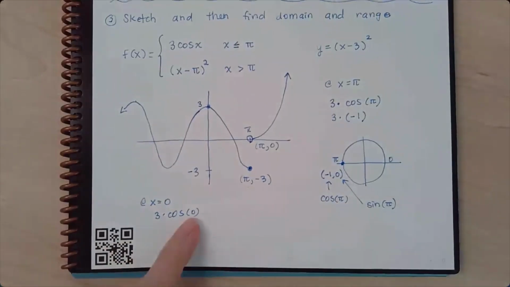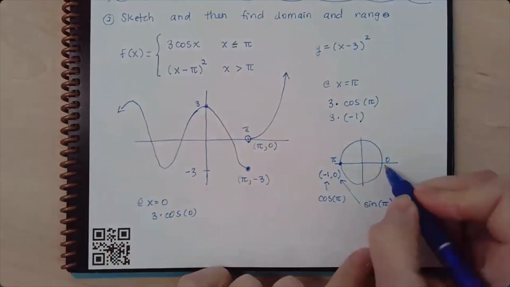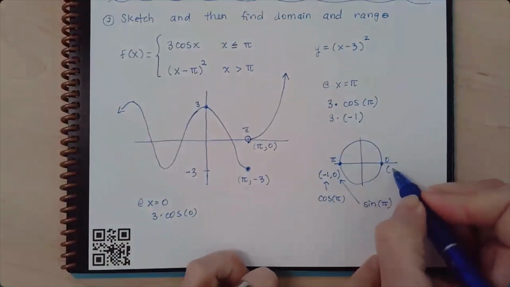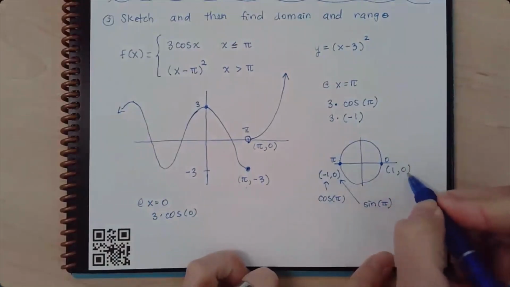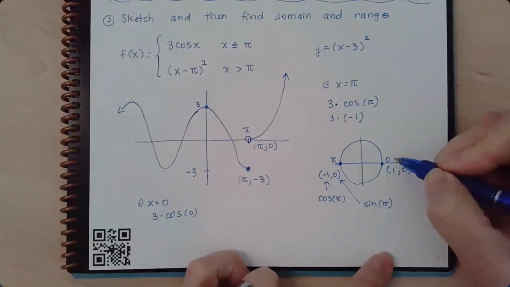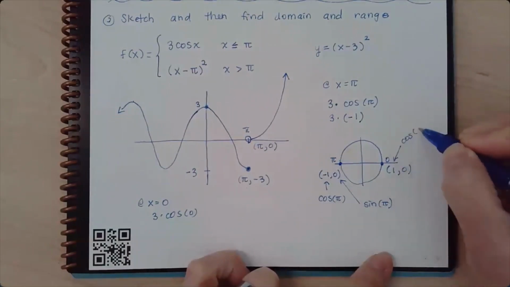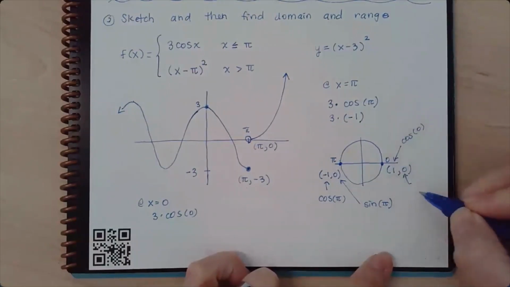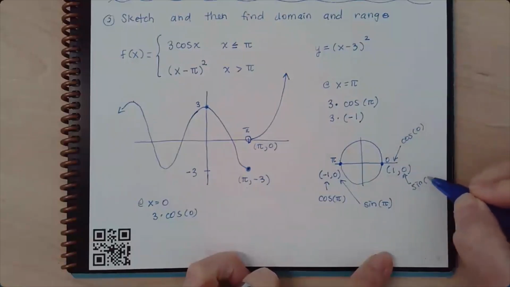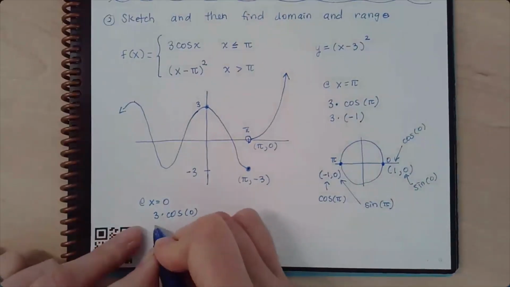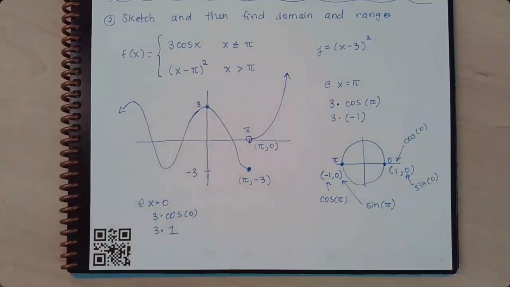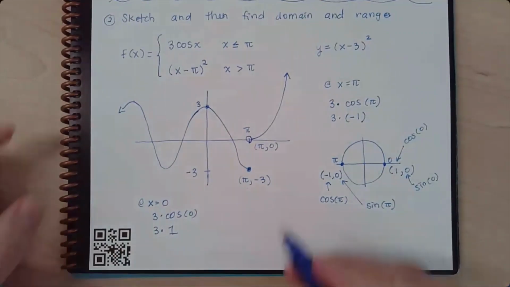And cosine of 0, again, if you're a unit circle person, over here at 0 degrees, that x value is 1, which corresponds to cosine of 0, and that 0 corresponds to sine of 0. So this would be 3 times +1. Yeah.